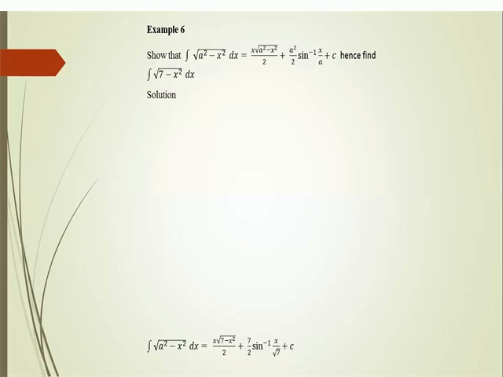What are we using to replace this cos square theta? Yes, anybody? If you have questions, who can answer this question? 1 minus sin square theta. No, we are not replacing it with a trig identity this time around.